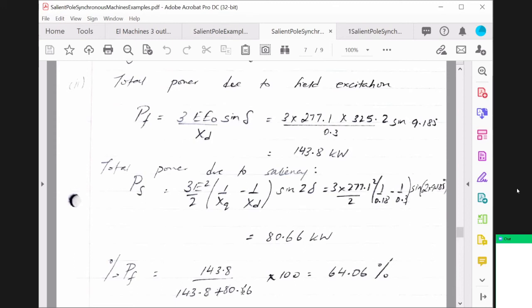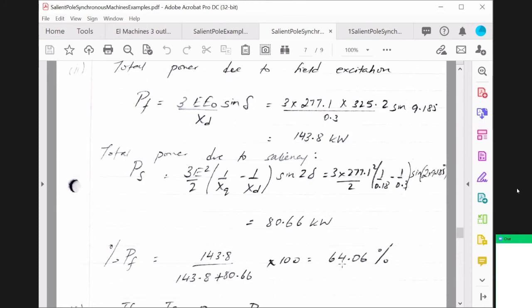So you take the field excitation power, PF, divide by the total power drawn, that's your field and salient power together, and multiply by 100, and you get the percentage of field excitation power in the motor.